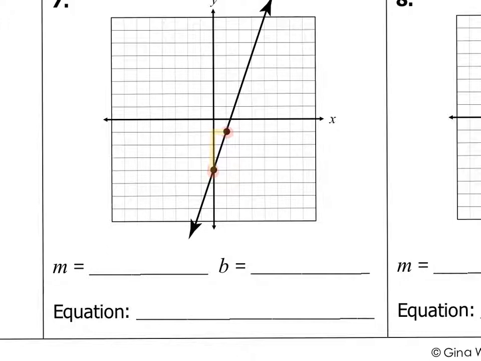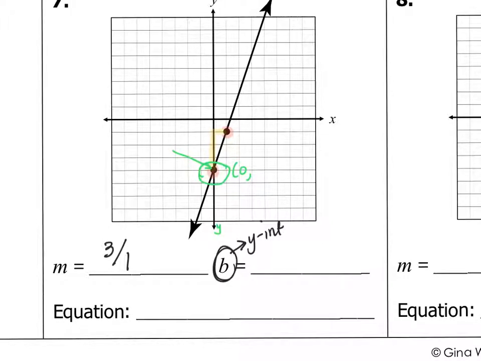So rise over run. My y-intercept, my b, that's where the graph crosses the y-axis. This is the y-axis, by the way. That is right there where my graph is crossing the y-axis. Let's see, do we count down here? That's -1, -2, -3, -4.